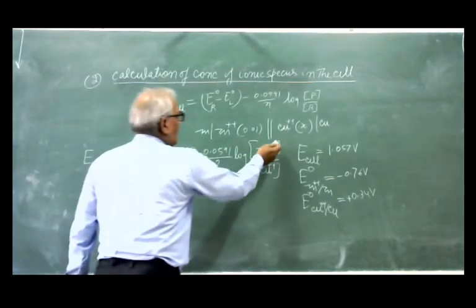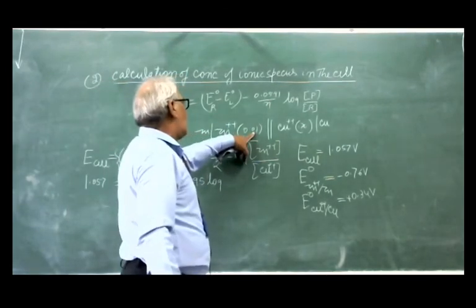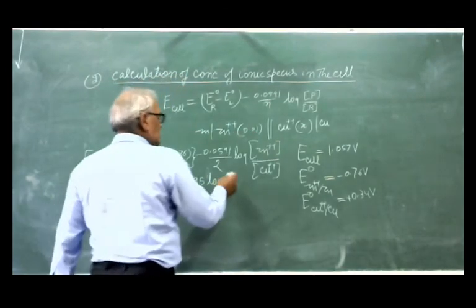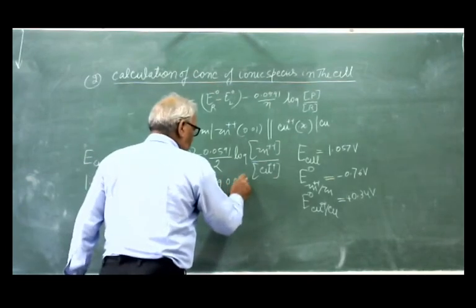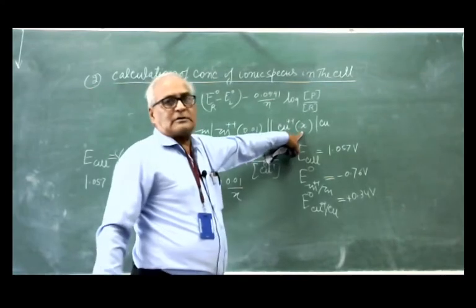Concentration of zinc ion is given. Let's see here, this is the concentration of the zinc ion. So zinc ion concentration is 0.01 upon X. X is the concentration of the copper ion.